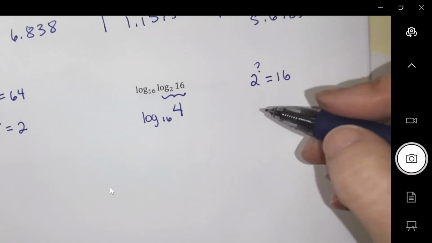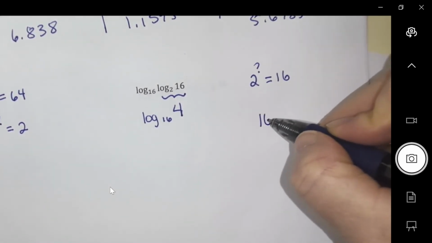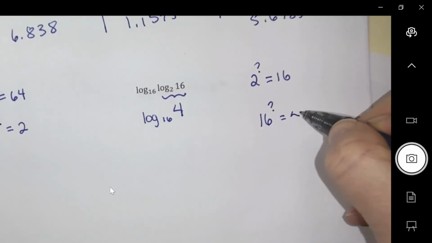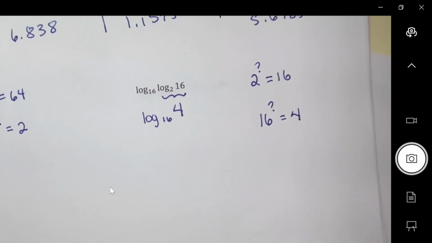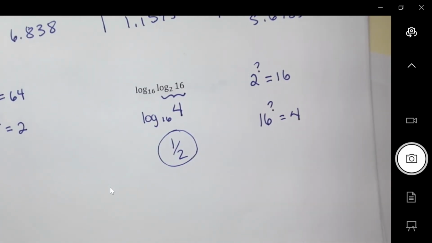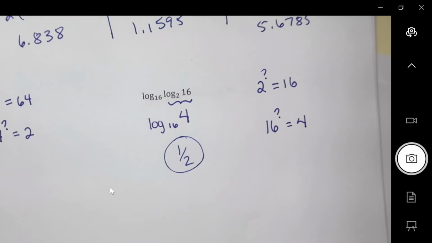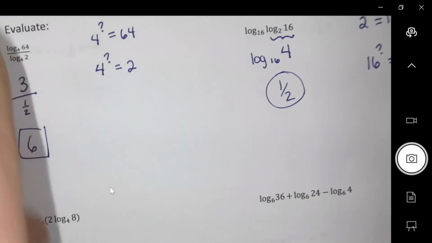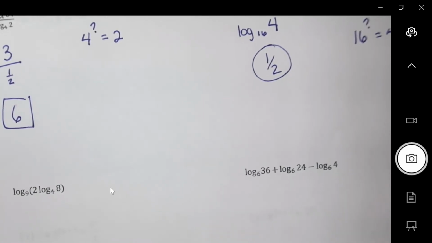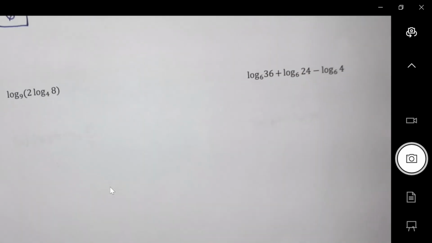So what my brain is going to do is the base 16, some exponent, result 4. And that would be the same as a square root of 16, so it's a half. Okay, next.